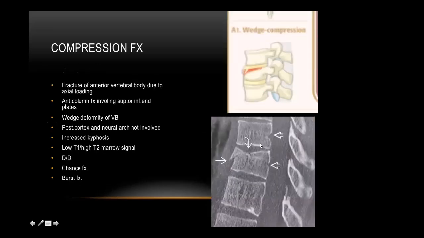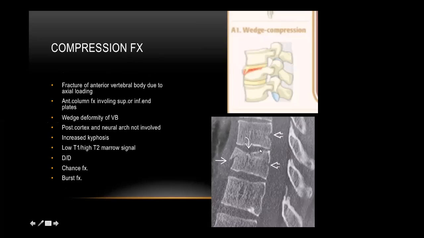Okay, so compression fracture. It's a compression injury like a burst fracture, but what you notice here is that the posterior cortex is okay. Only the anterior cortex is gone. So if the anterior cortex is gone with compression, then that is a compression fracture.